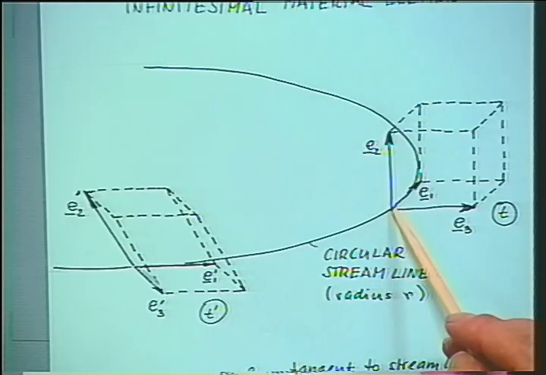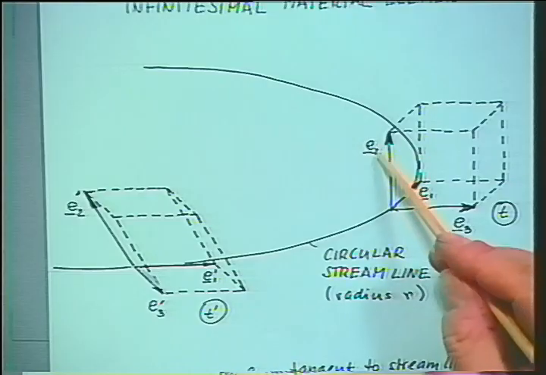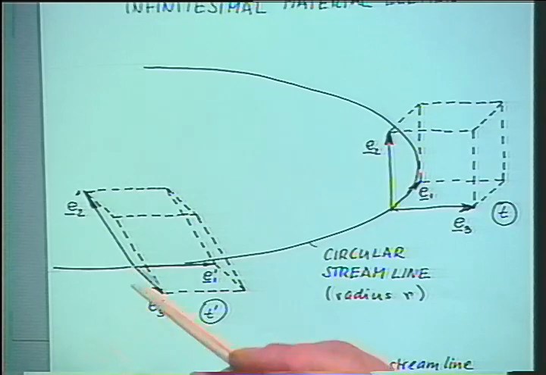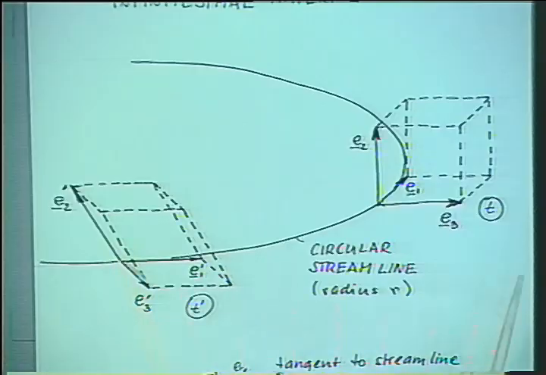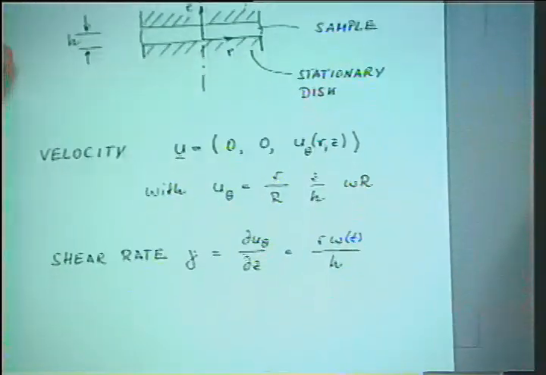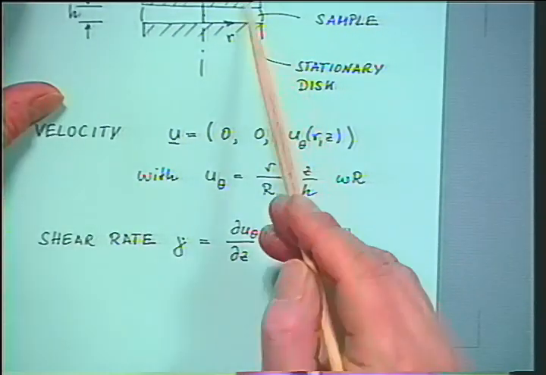Sticking out of this plane, where nothing happens, is the material vector E2, and that's again exposed to the shearing motion. It will be subjected to an angle change and to some stretching, and this is described with a shear rate. Remember, we had already calculated the shear rate for this case. It's given by the relative motion between the top and bottom plate divided by the spacing.